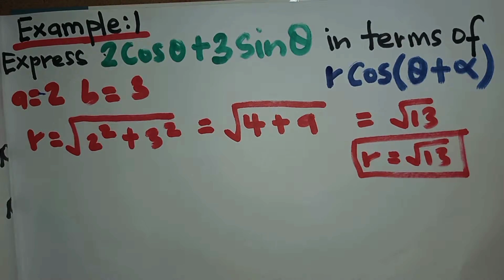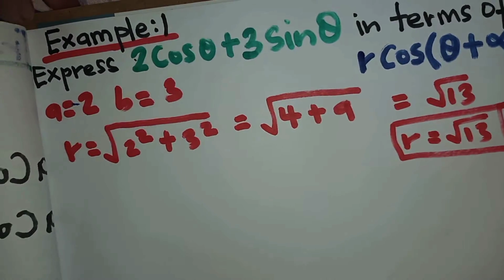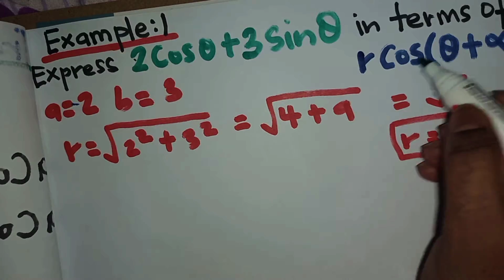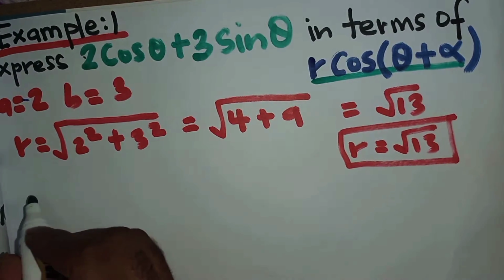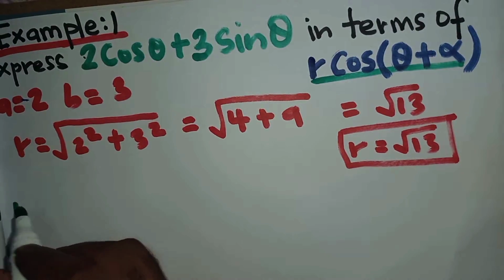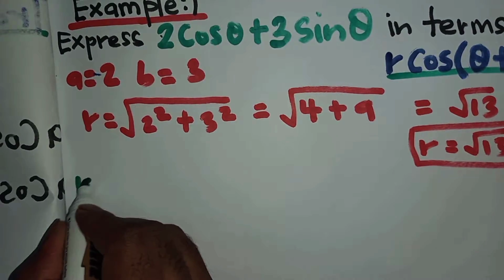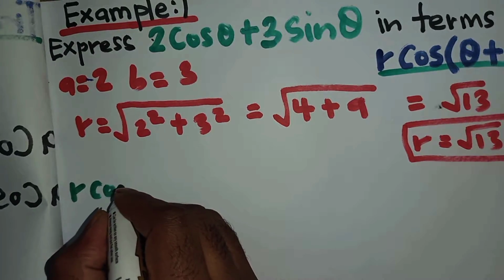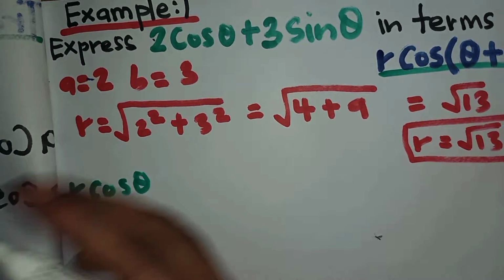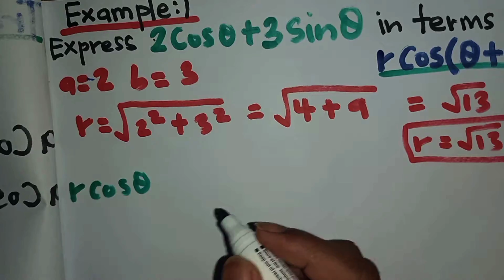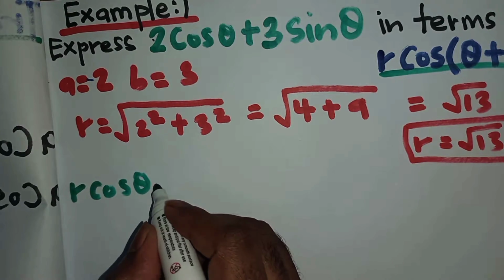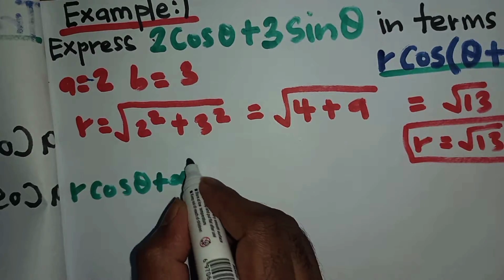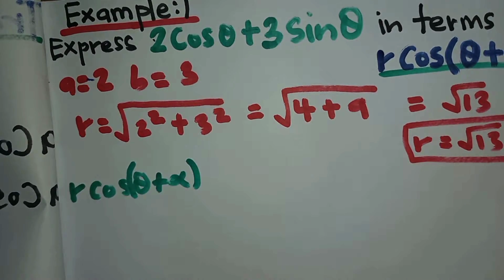Now that will take a lot of steps, so we have to write this again. r cos theta plus alpha. So we have r cos theta plus alpha.